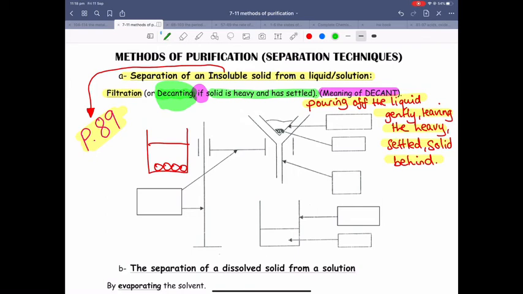Here on the left hand side, you should have found that this part is called a retort stand. That's its proper name, retort stand. You could get away with just calling it stand, but it's better to call it by its proper name.